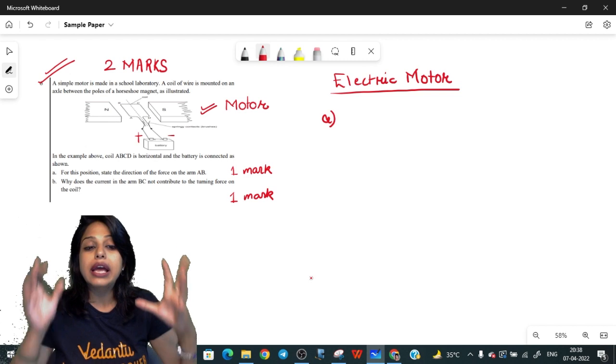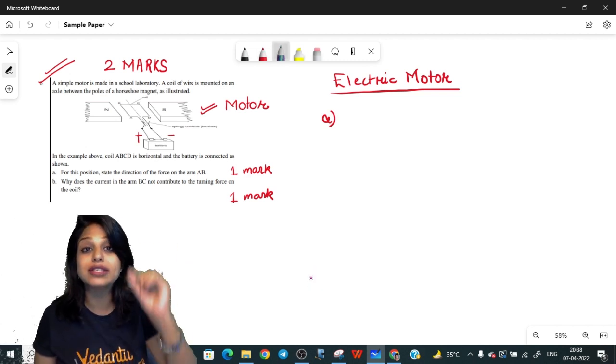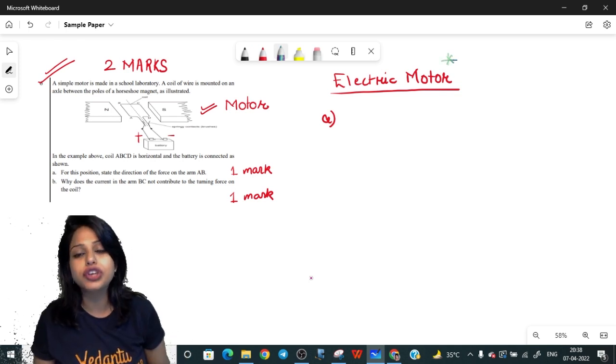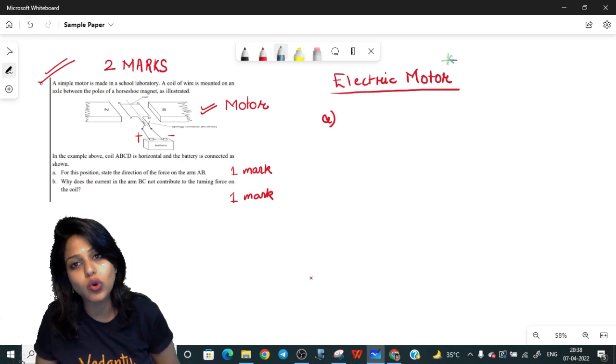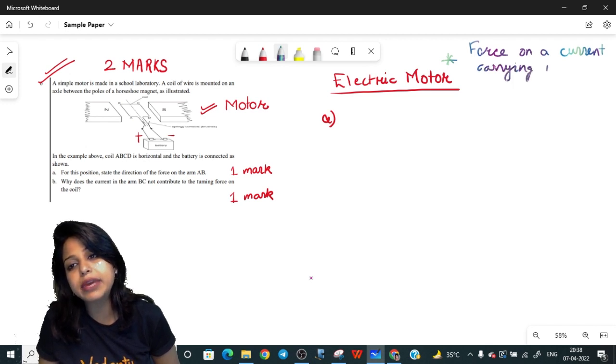Now people, if this question comes, the first thing I have to analyze, I'm giving you as a note point: if an electric motor comes, I know for sure that it is related to force on a current carrying conductor in an external magnetic field.